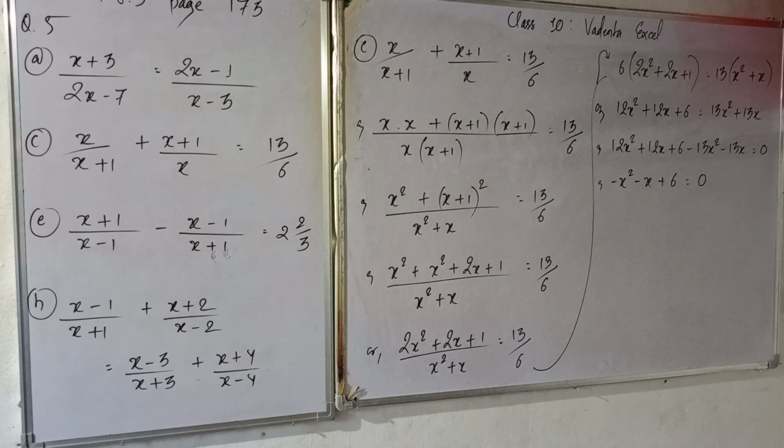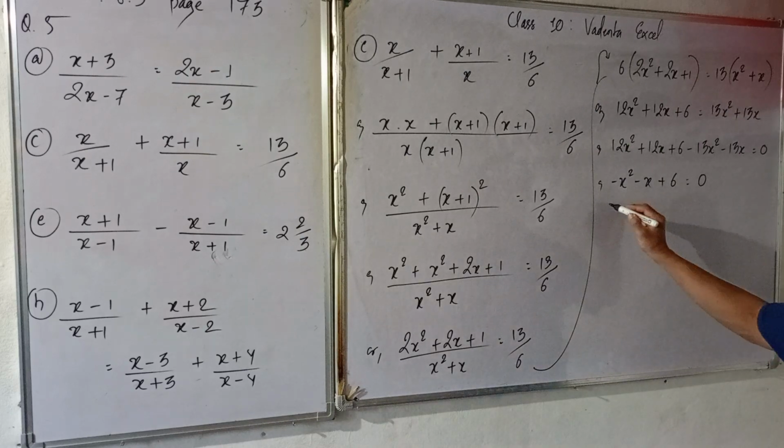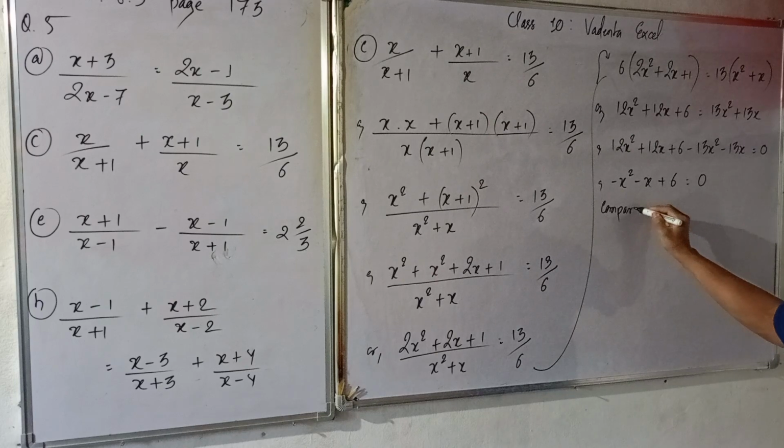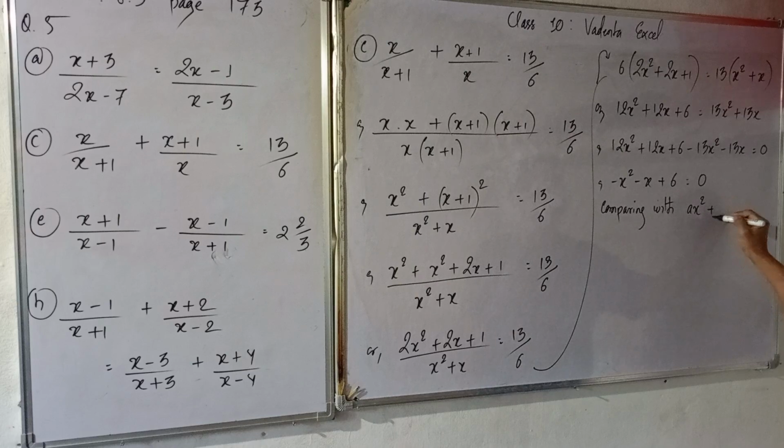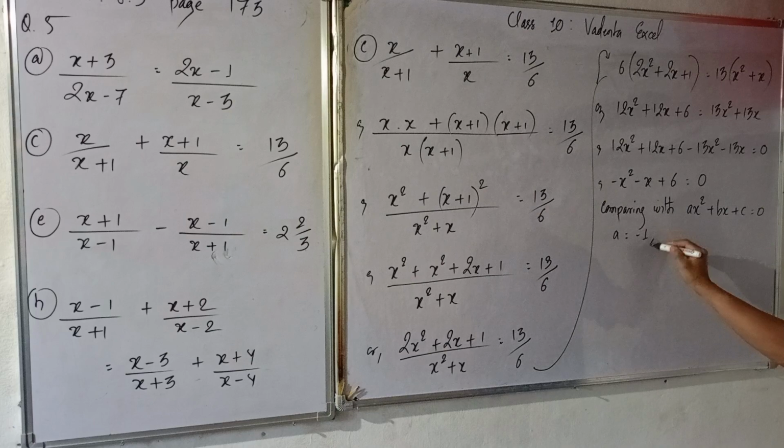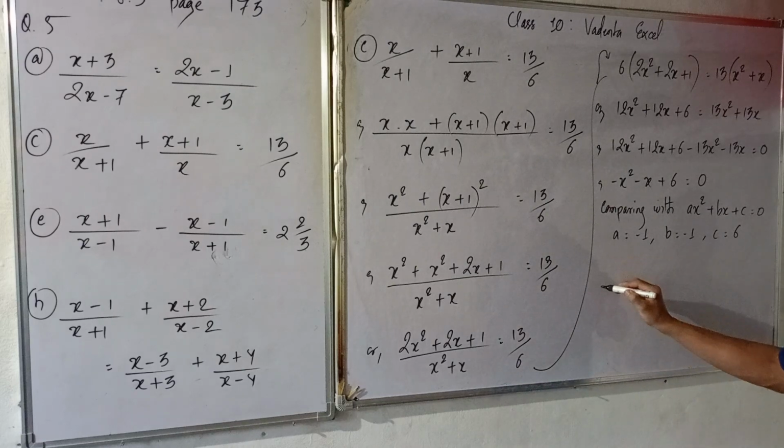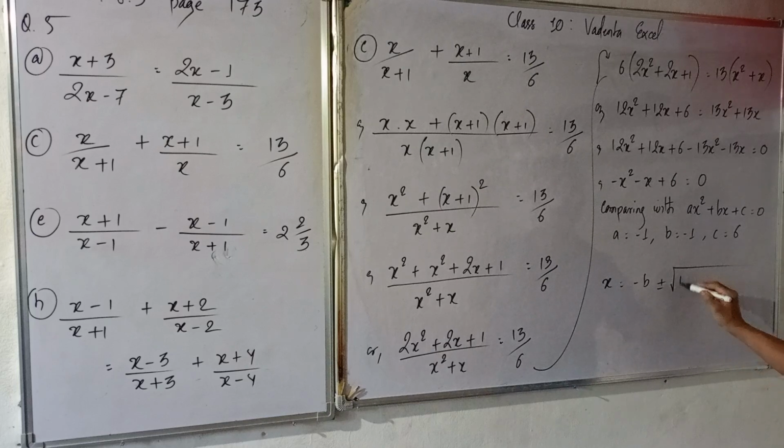Now you know the process. Now you just compare with ax square plus bx plus c equals to 0, you will get the values. A is equal to minus 1, b is also minus 1, and c equals 6. Now you know the formula. We know x equals minus b plus minus under root b square minus 4ac, whole divided by 2 times a.